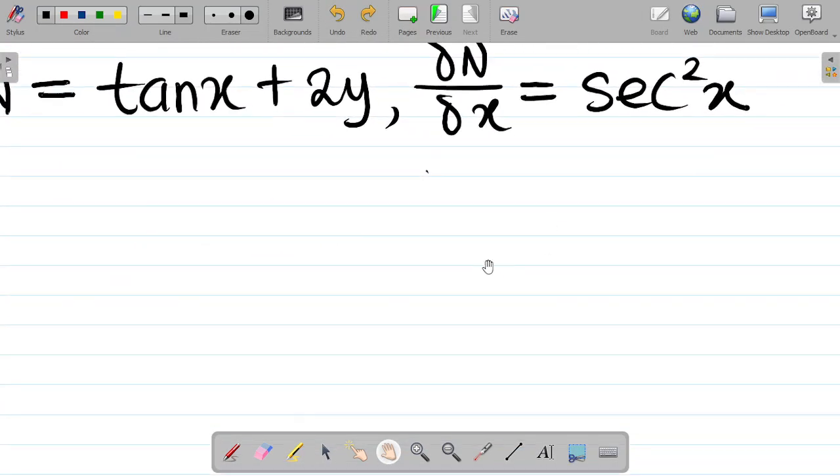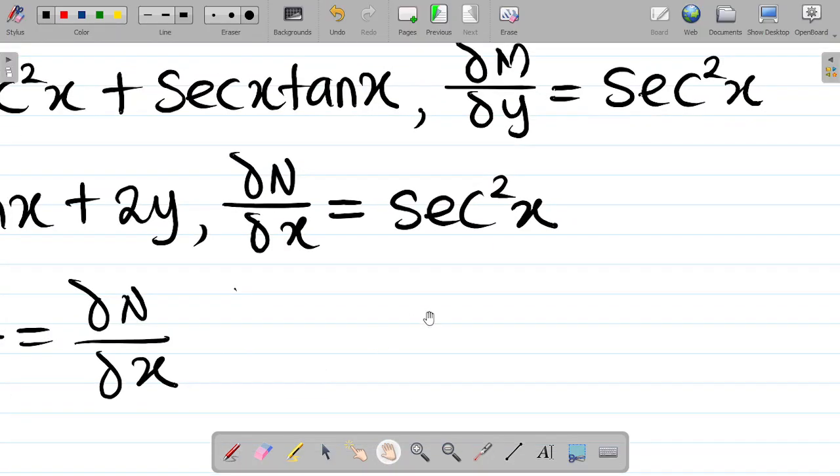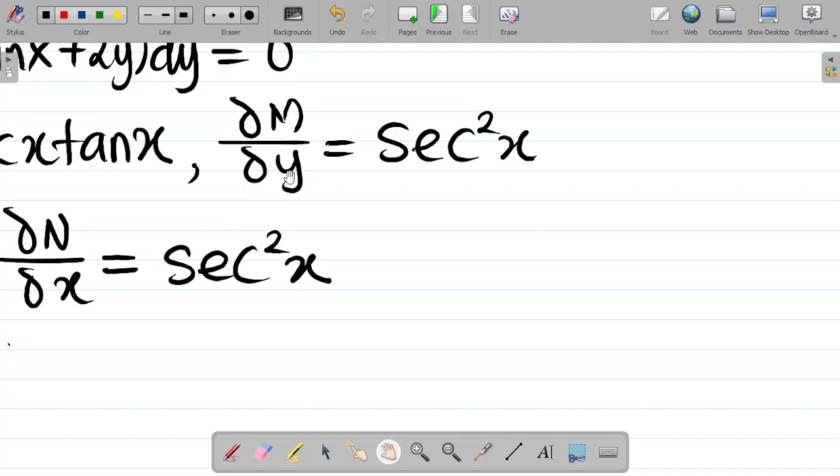So the first thing we always have to do is to check if the given equation is exact. The given equation is exact if partial M over partial y is equal to partial N over partial x. If you look at this, we can see that partial M over partial y is sec squared x, and it has the same value as partial N over partial x, which is sec squared x.